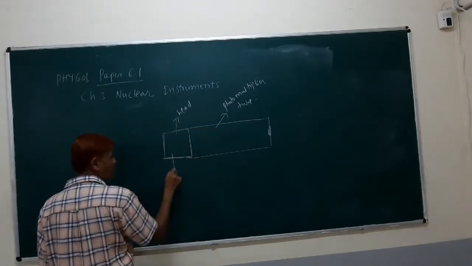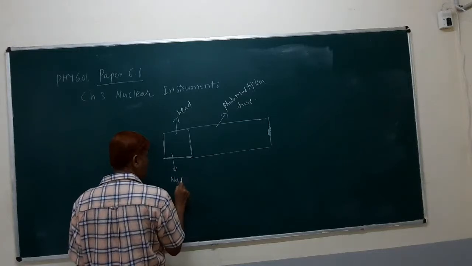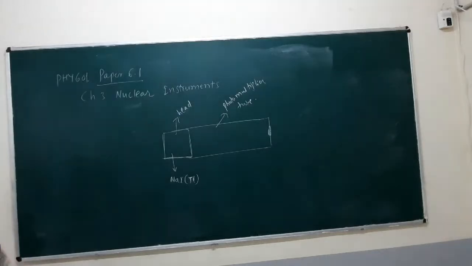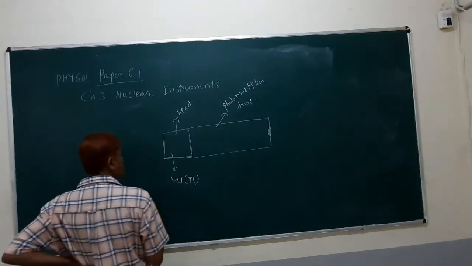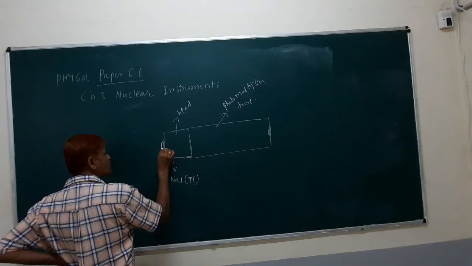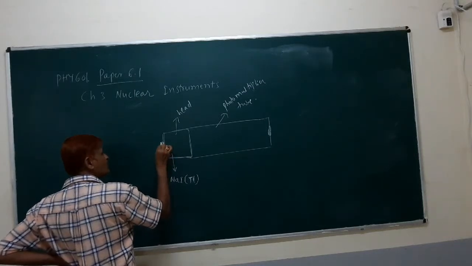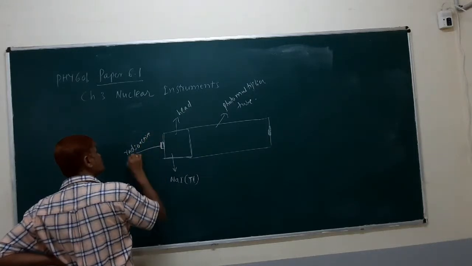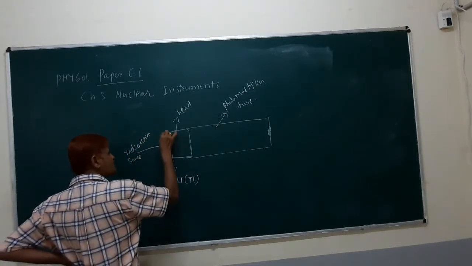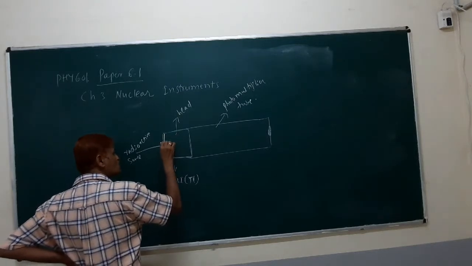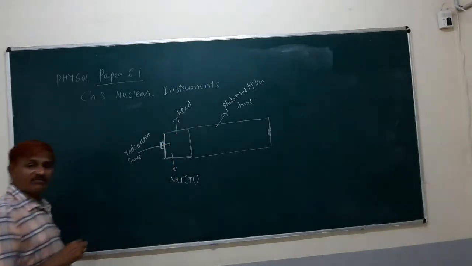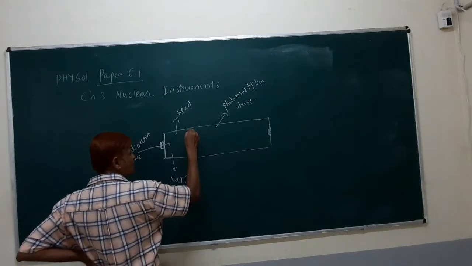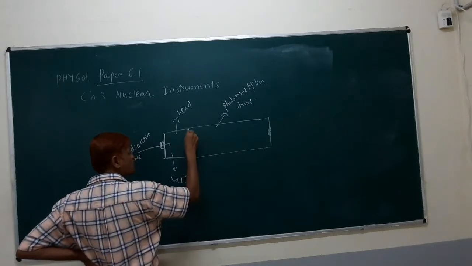Usually it may be made up of sodium iodide, in which thallium is induced to get the scintillation, and a source is kept on this scintillation head. This is the radioactive source. And this is the glass tube which allows the easy entry of the particle.